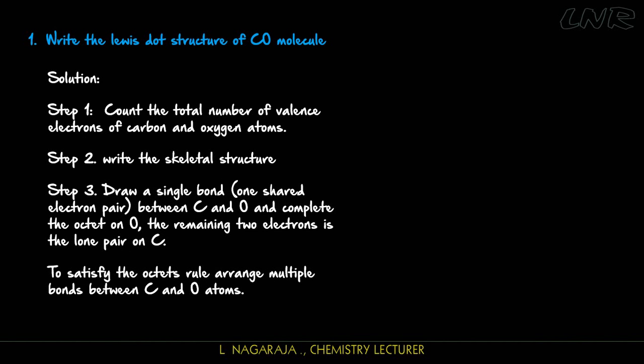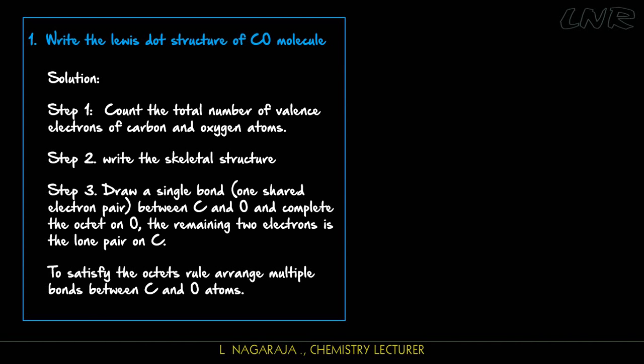First, we have to count the total number of valence electrons present in the carbon as well as in the oxygen atoms. Let us solve step by step. The atomic number of carbon is 6.